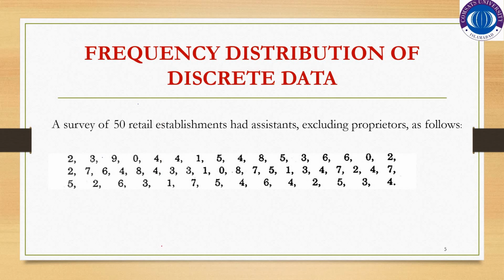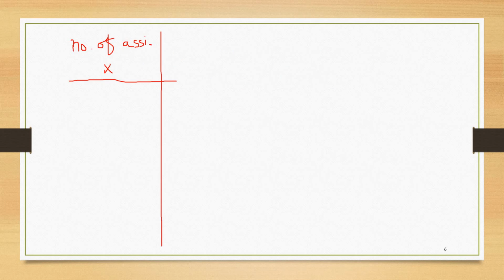Now let's see what is the minimum number of assistants, that is 0, and what is the maximum number? It is 9. So we will make frequency distribution from 0 to 9: 0, 1, 2, 3, 4, 5, 6, 7, 8 and 9.